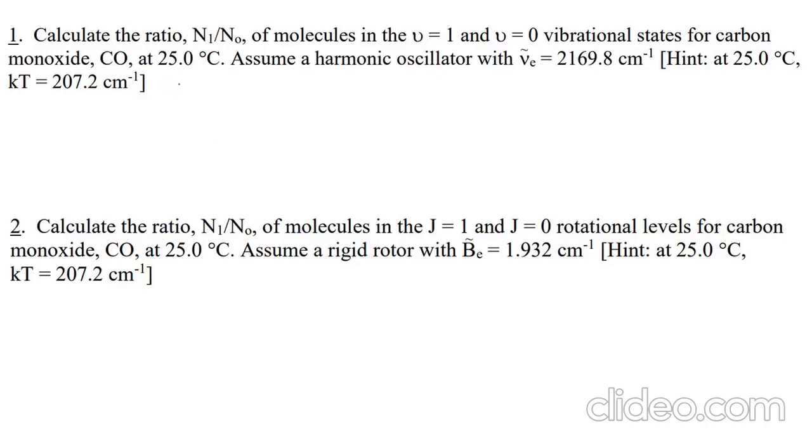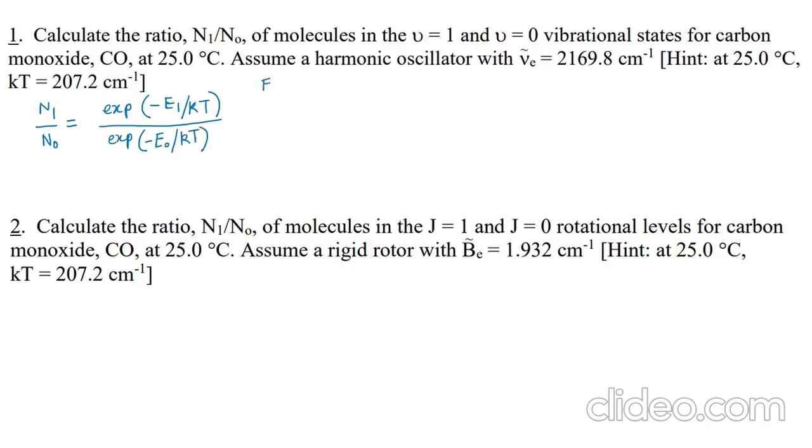Then what is going to happen is that n1 by n0 is going to depend on the energies and the Boltzmann constant. So exponential of minus energy of the state E1 by kT, and below this is going to be exponential of minus E0 by kT.